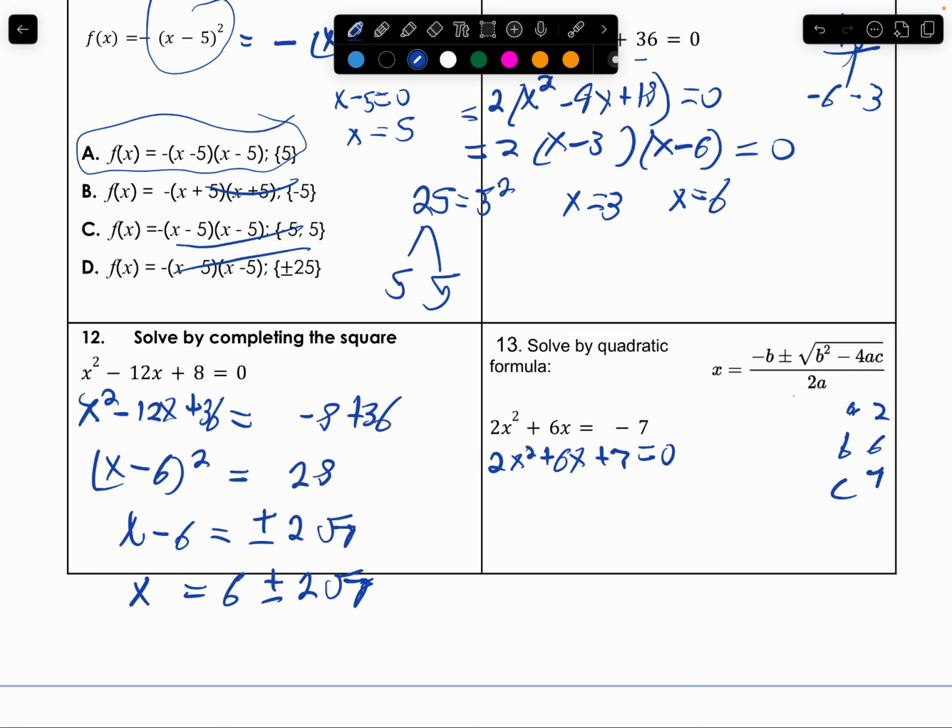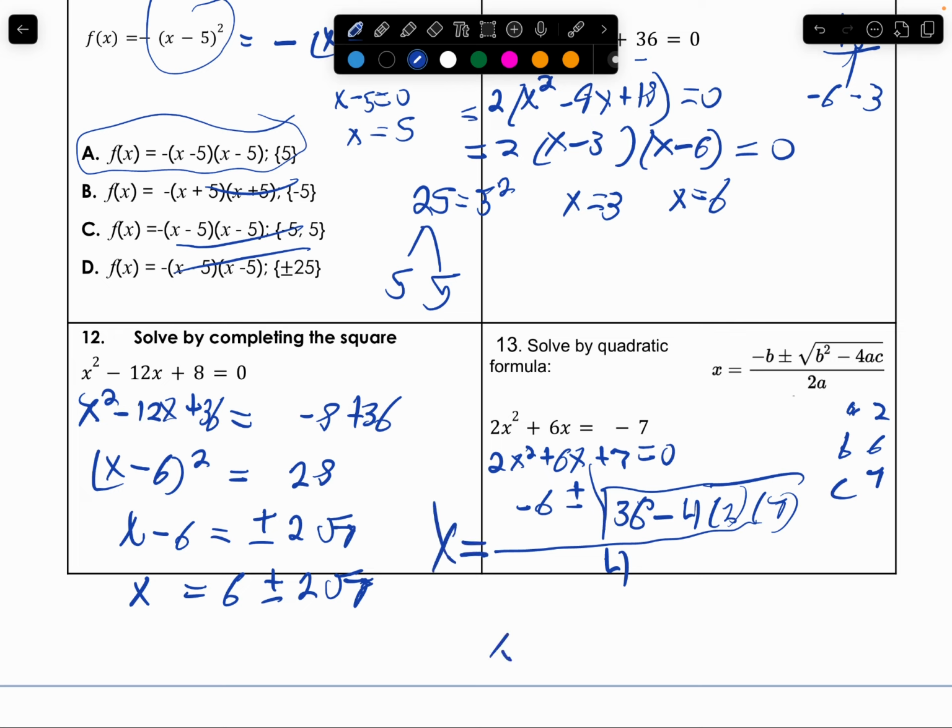So minus B would be, the opposite of the B would be negative 6, plus or minus the square root of B squared, so that's the 6 squared. 6 squared is how much? 36, okay? 6 squared minus 4 times A times C, 2 times 7. So that gives me all of that over 2 times the A number, which gives me 4.